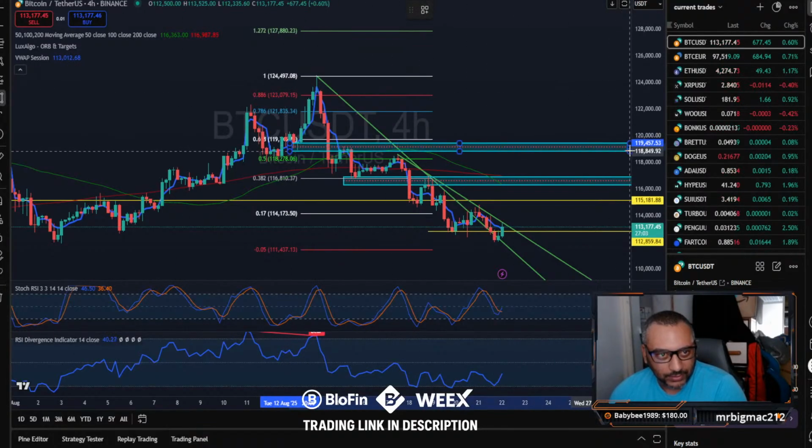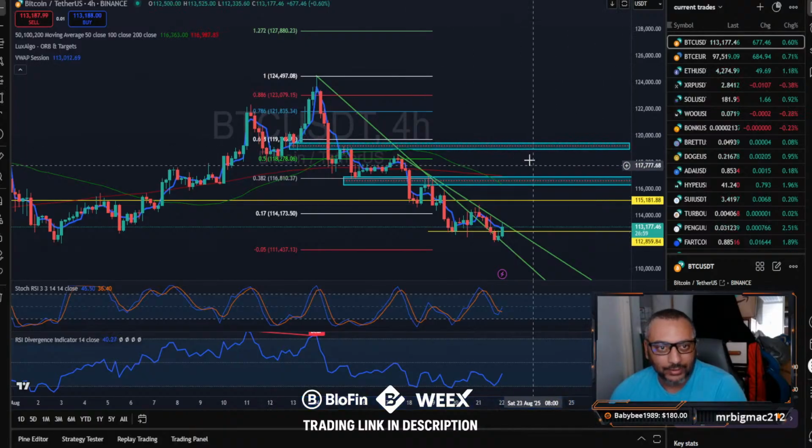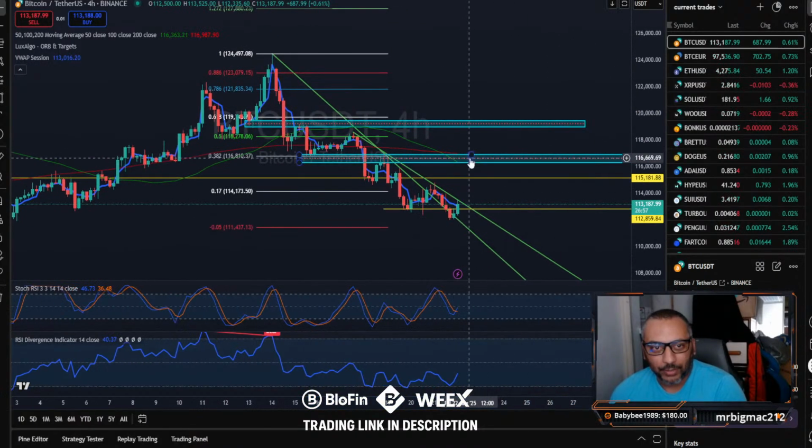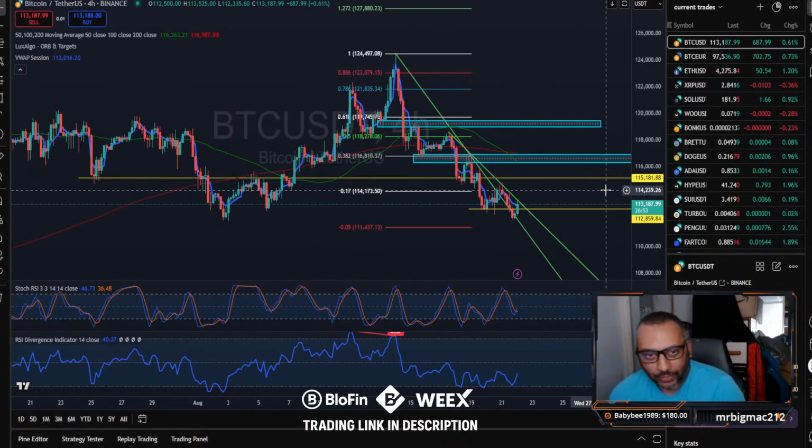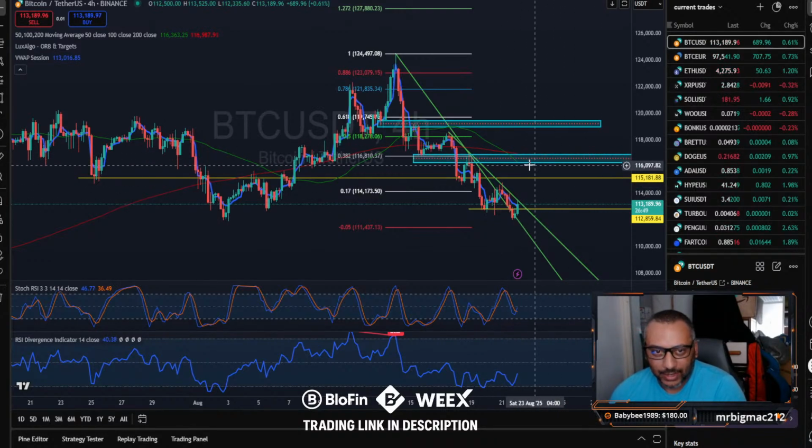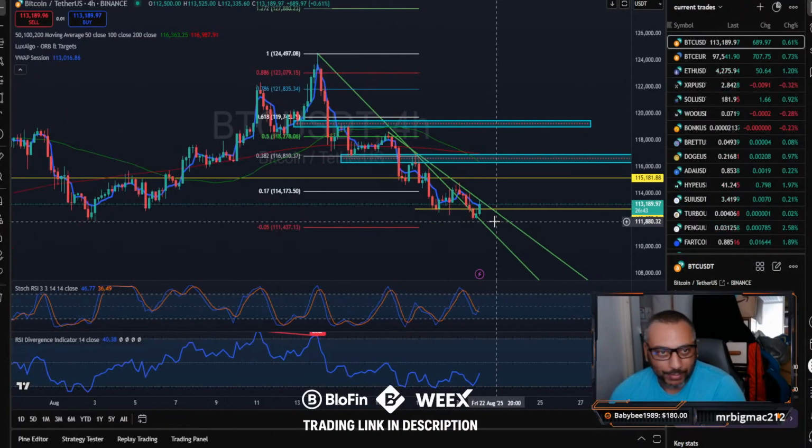We also have this too. So this one would be the one to break above, right there. So even if we do get a break above this section and back above the 200 simple moving average on the 4 hour, even though we just got a bearish cross, I do believe this is going to be the area traders are probably going to try and settle up before seeing if they can continue up or break back down.